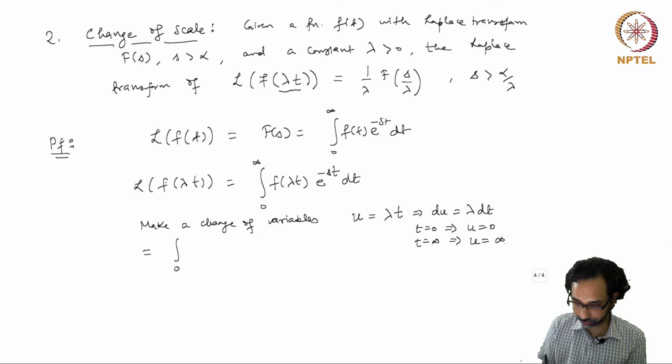So again the limits of integration are from 0 to infinity, and here you get f of u e to the power minus s by lambda u, du by lambda.